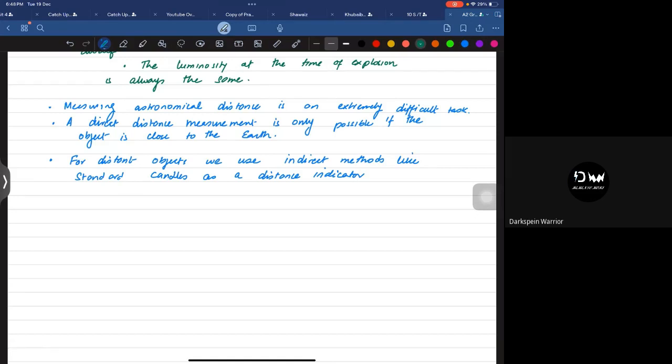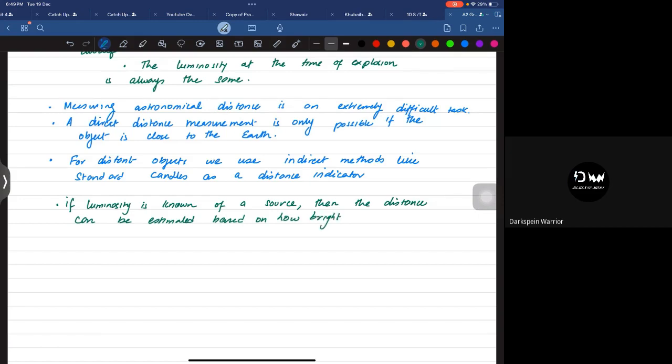Suppose, from radiant flux, if the luminosity of a source is known, we'll learn further how we can find that, then the distance can be estimated based on how bright it appears on Earth. Let me just explain this in a bit.